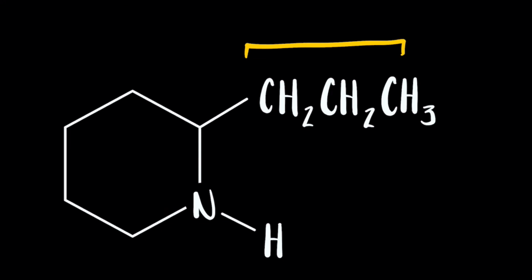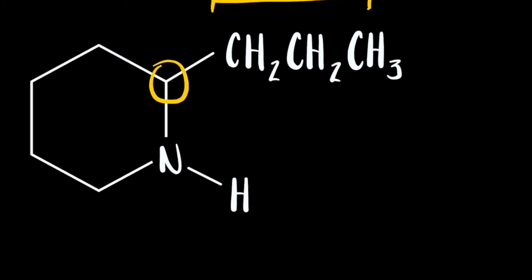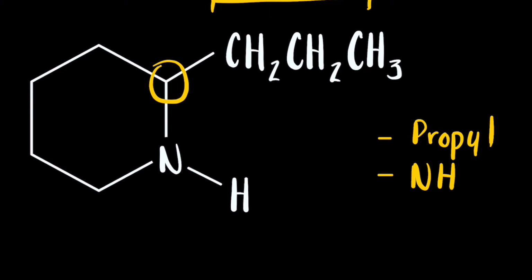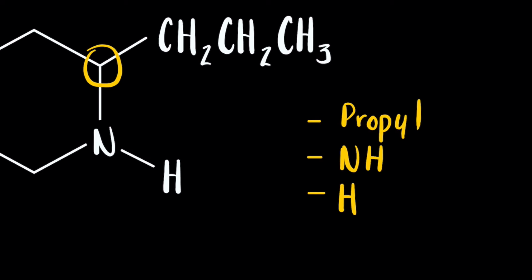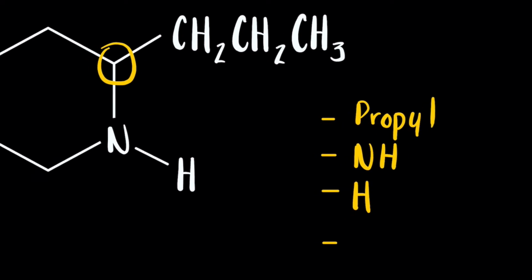However, let's take a look at the next carbon atom right there. This carbon atom is bonded to a propyl group. It's bonded to an amine group. It's bonded to a hydrogen, which is implied. And it's bonded to the rest of the chain.